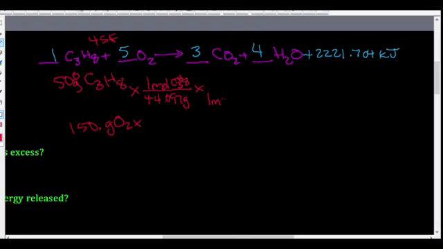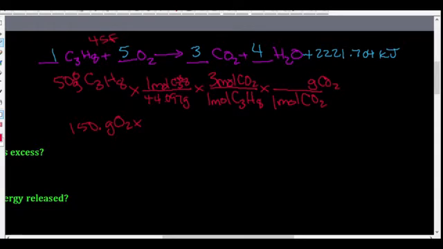So 1 mole of C3H8 gives me, since mole-to-mole ratio, 3 moles of CO2. And then let's just go ahead and take it all the way to grams, since that's what it's asking for. 1 mole of CO2, that many grams of CO2. And it works out to be 44.009 grams based on the periodic table I used.